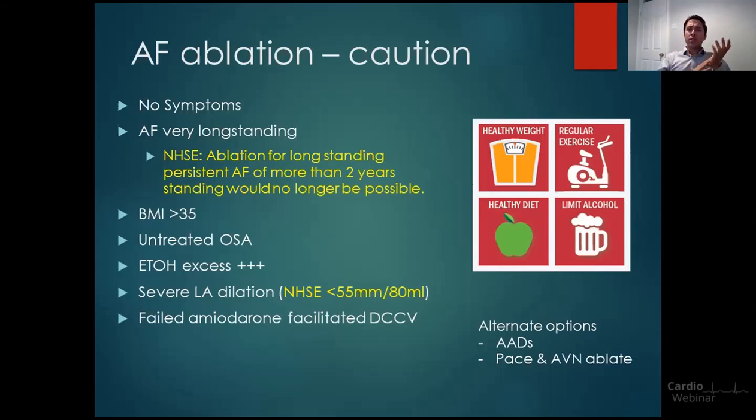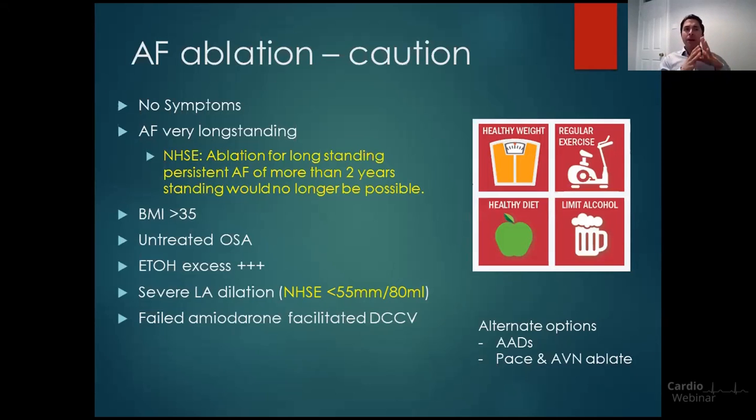And the last one is, before we consider ablation, we often attempt an amiodarone facilitated cardioversion. Now, if that doesn't work, you really have to assume that the substrate of the atrium is quite advanced, and that AF ablation may not necessarily work. It doesn't mean with any of these it won't work. I'm sure there are patients who fulfill all of these criteria where it has worked.